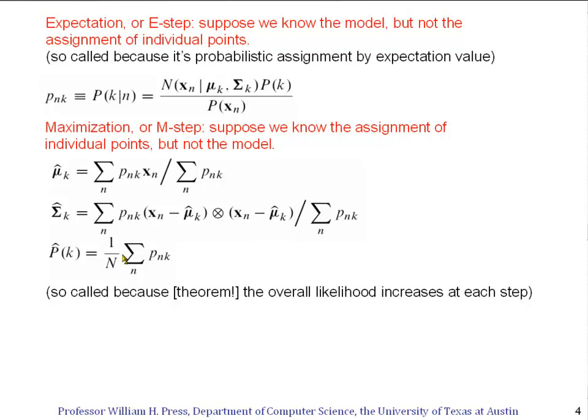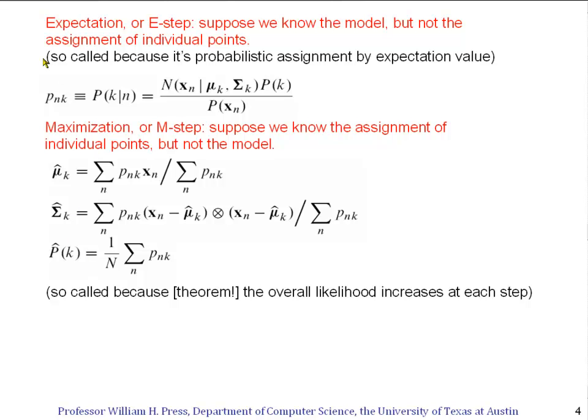And finally, if we want to estimate the fraction of population in each component, well, we just take all the points and add up the probabilities over all the points n of there being in that component k. And since we want these p of k's to be normalized to add up to 1, we multiply by 1 over the total number of points.